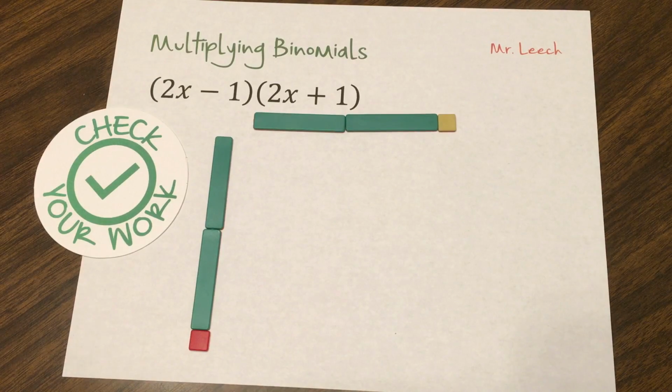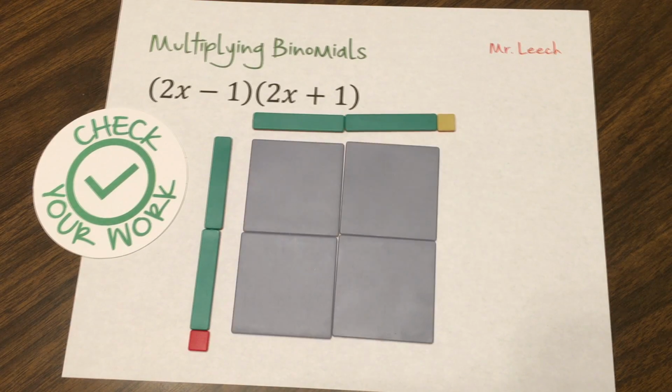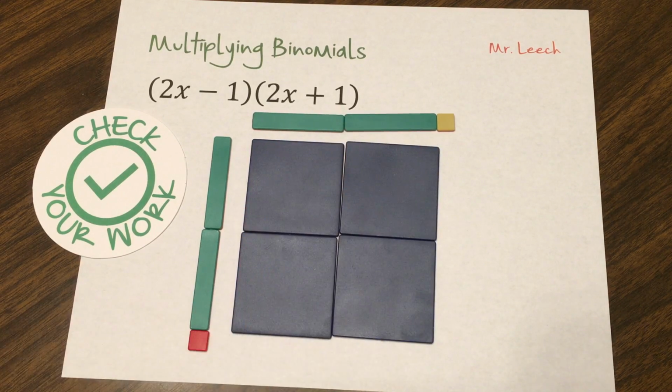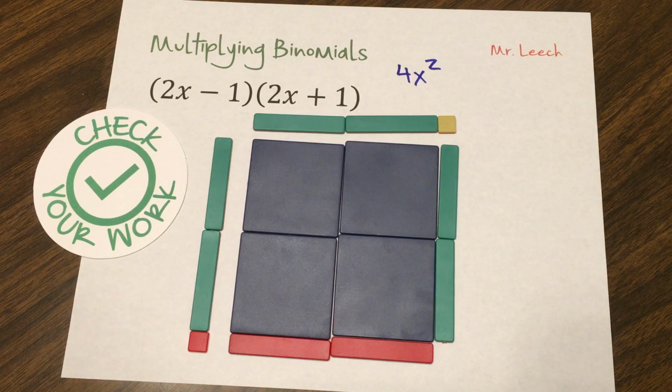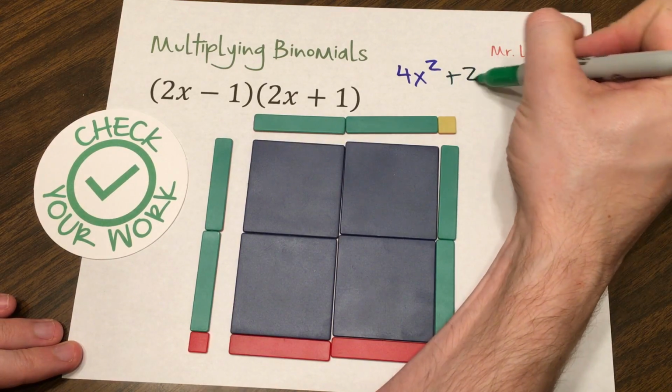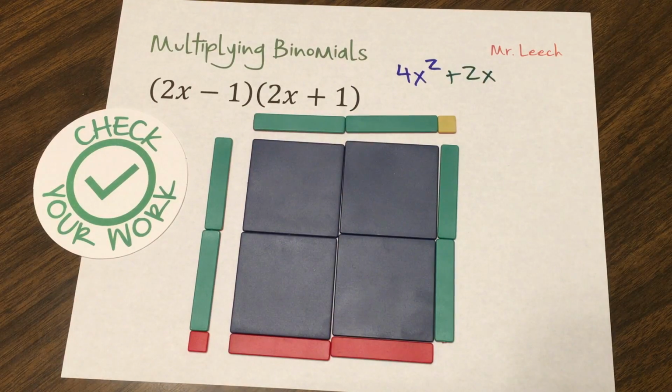Here's the first setup. Here it is with 2x times 2x, and we get 4x squared. So, what's special about this one? Here, we have a plus 2x, and then down the bottom, we have a minus 2x.